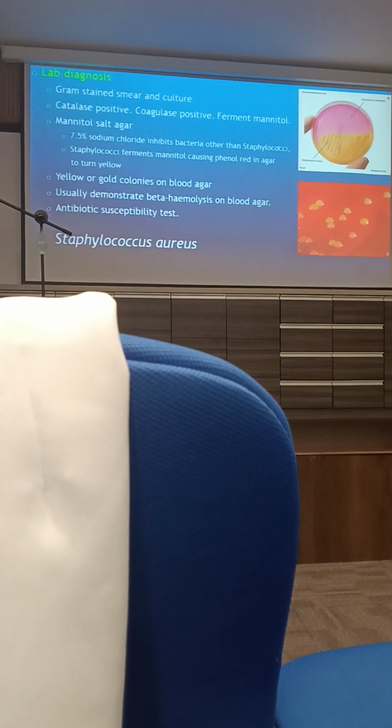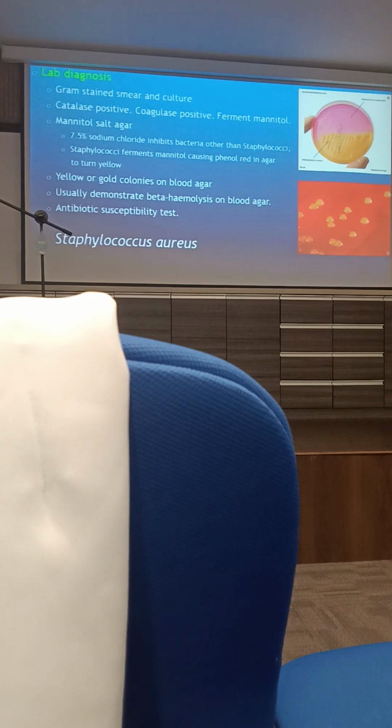This agar also contains salt, so it's called mannitol salt agar, and it inhibits other bacteria. Because Staphylococcus can still grow on 7.5% salt, while most other bacteria cannot. Between these two, you can use the agar plate to differentiate epidermidis from aureus.